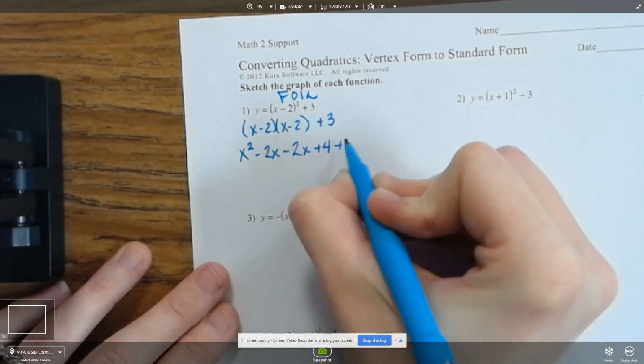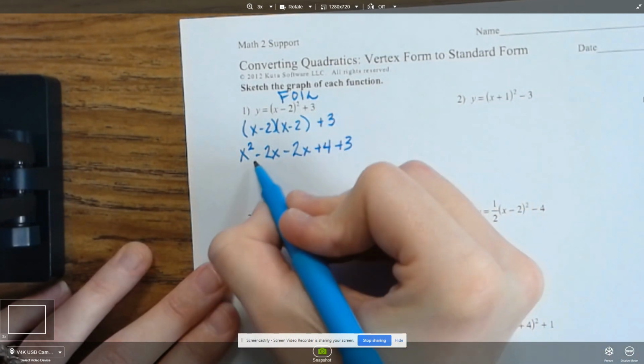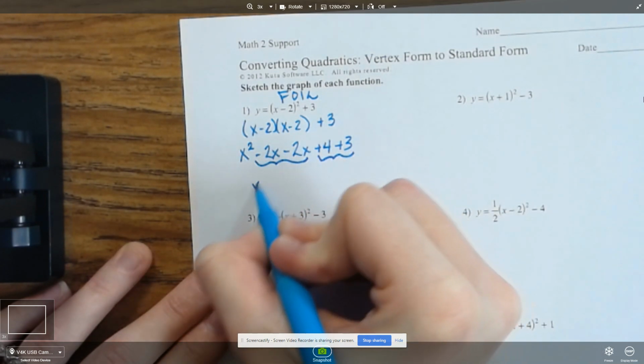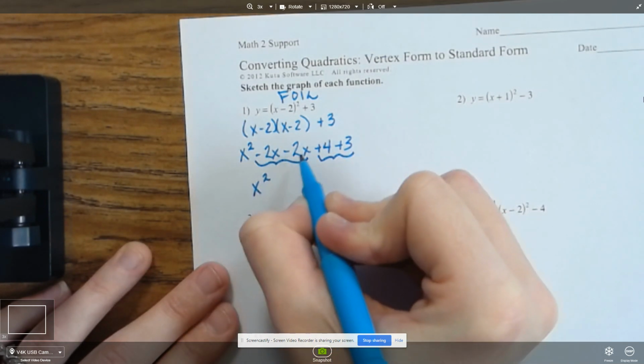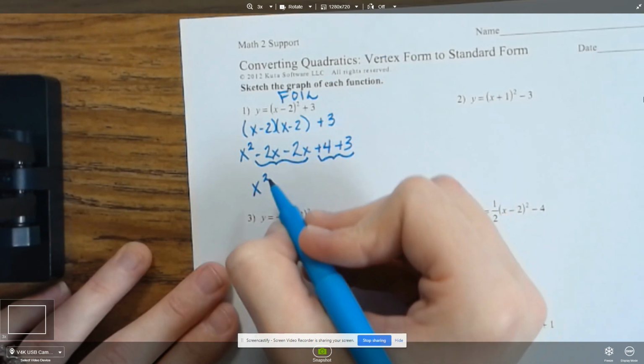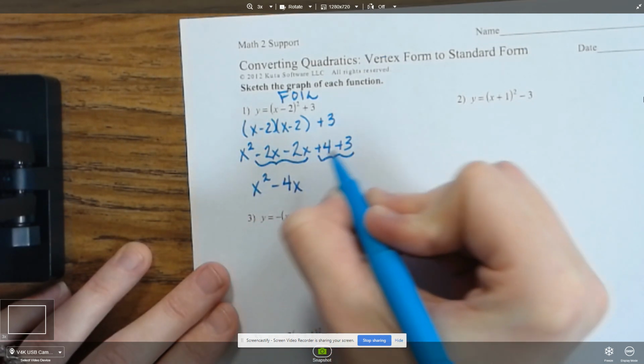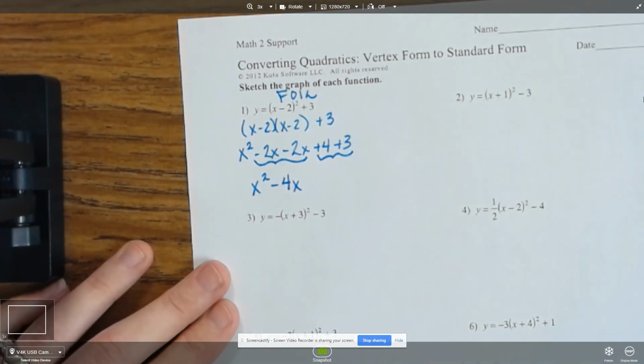And then I still have that positive 3 to tack on to the end. And so here we've got to combine like terms, so x squared, and then negative 2x minus 2x would give me a negative 4x, and then a positive 4 and a positive 3 would give me 7.